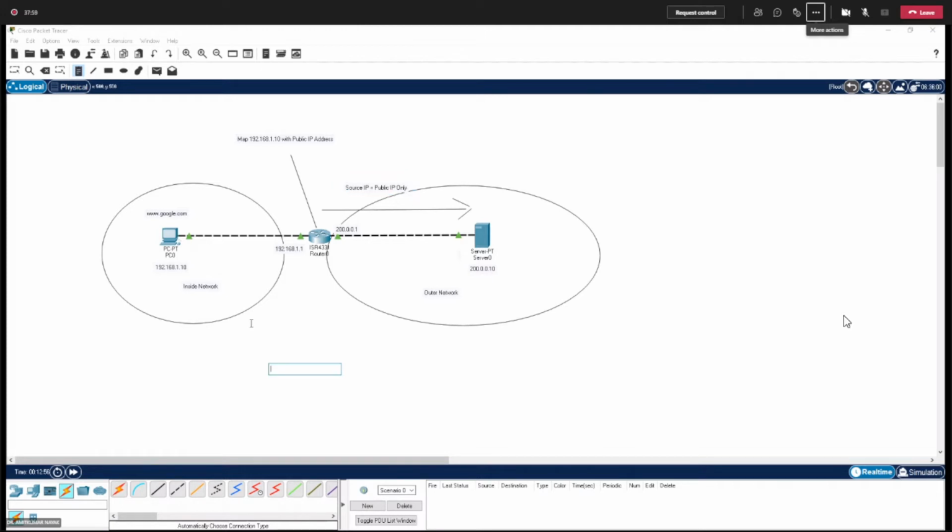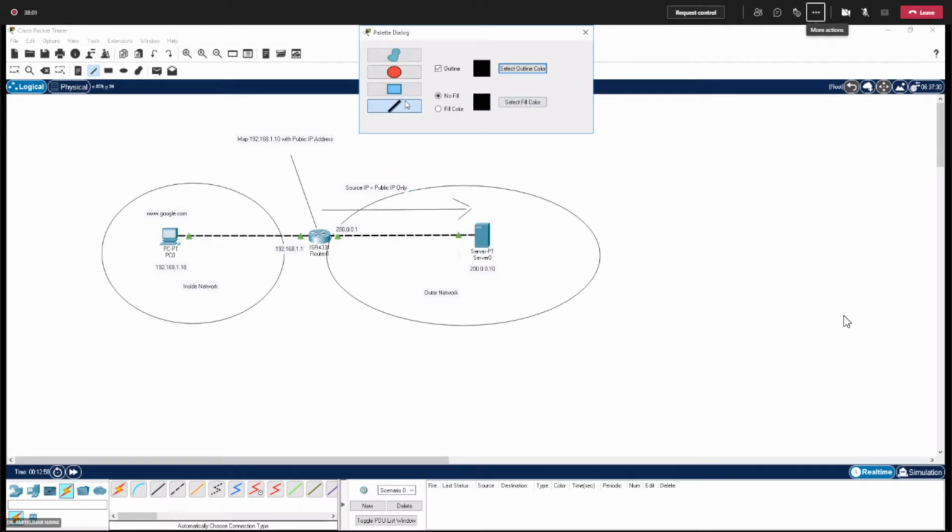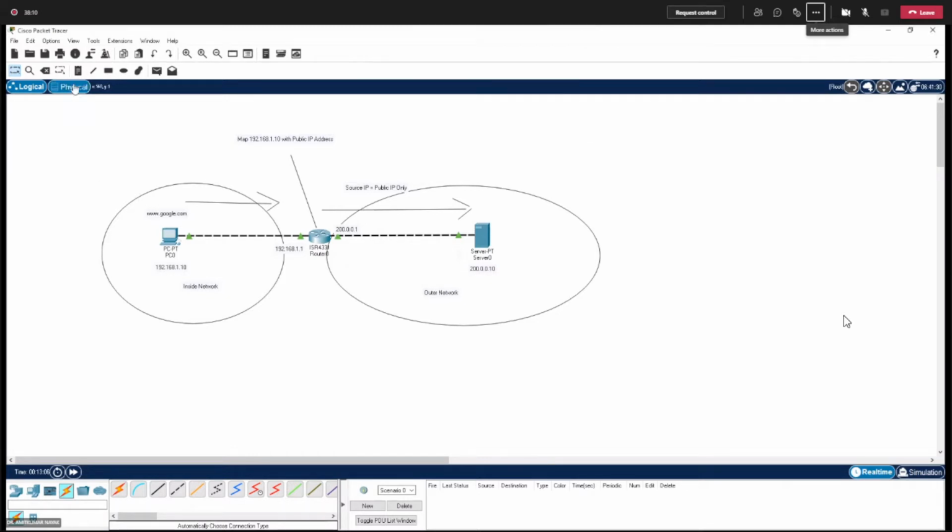And the same request, if you see it over here in this portion, then the source IP will be the private IP address. In the inside network the source IP address will be a private IP address, and in the outer network the source IP address will be a public IP address.